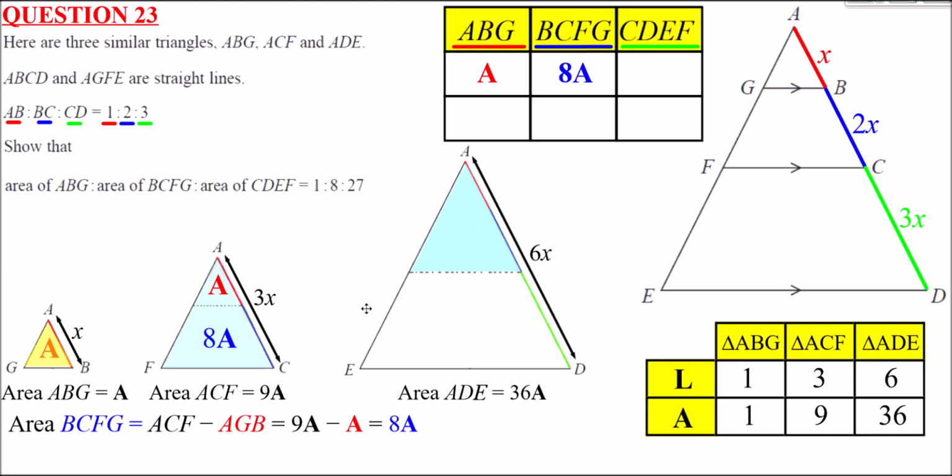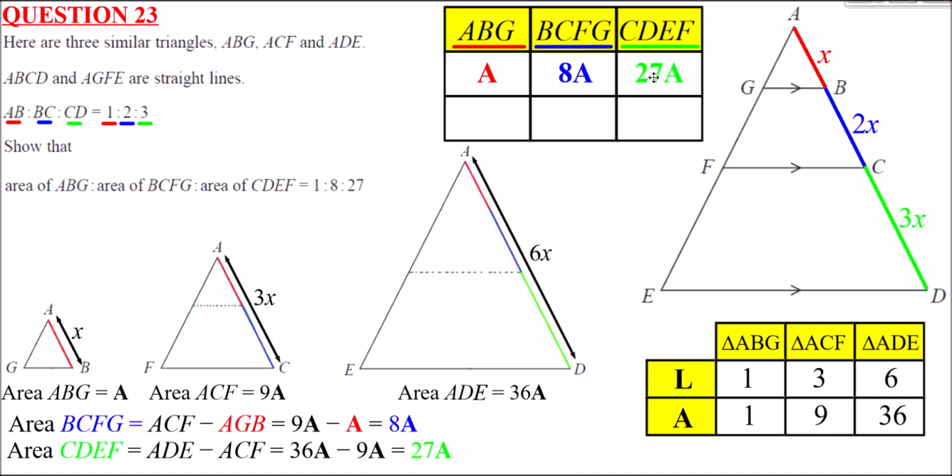But of course, this overall largest triangle has an area of 36A. So if this is 9A, the remaining bit for just CDEF will be 36A minus 9A. So therefore, area CDEF will be 36A minus 9A, which gives 27A. So we can put this into our table as well.